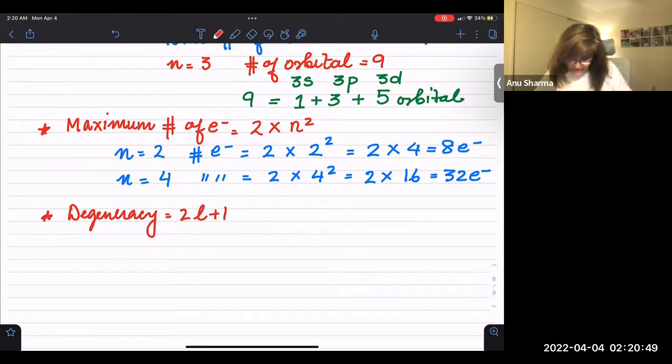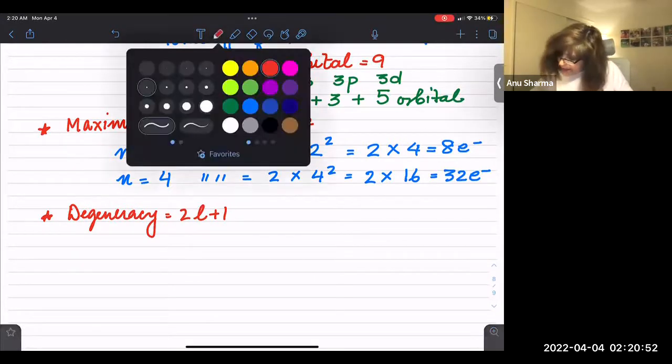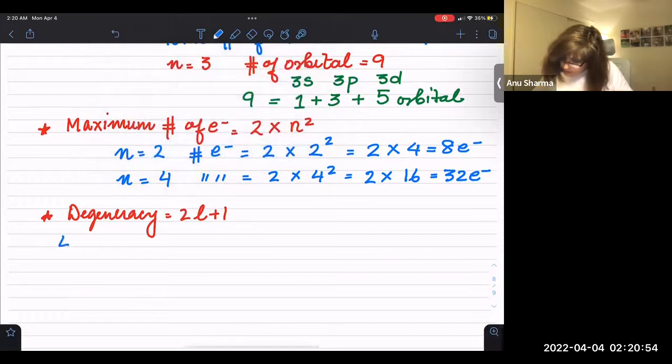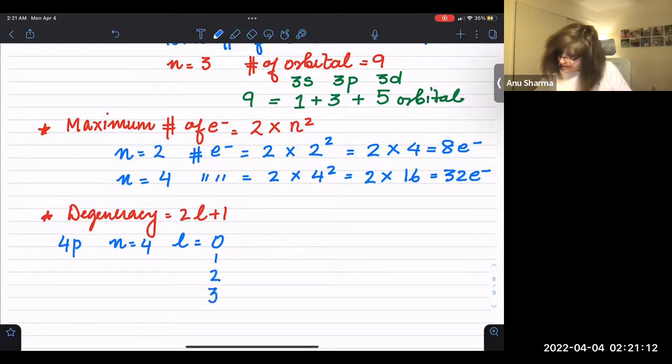For example, you have 4p orbitals, where n is equal to 4, right? And so L is equal to 0, 1, 2, and 3. So that's the S, P, D, and F.